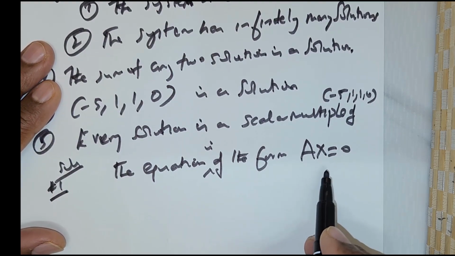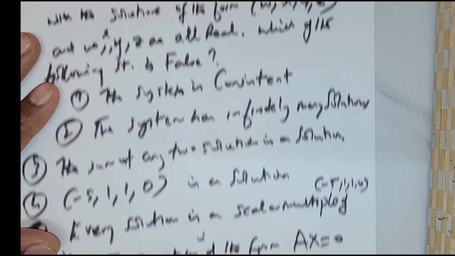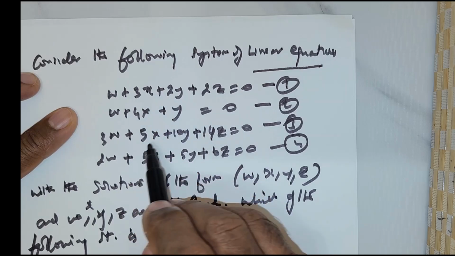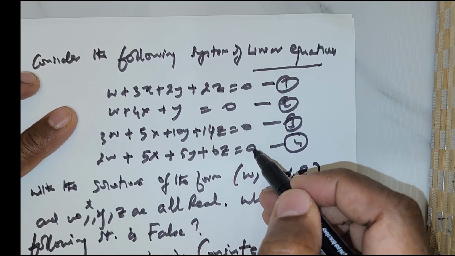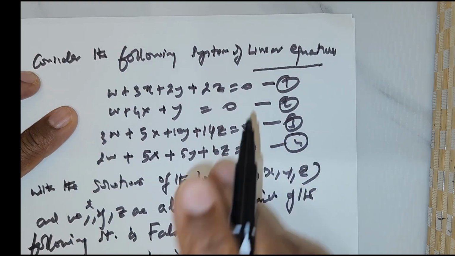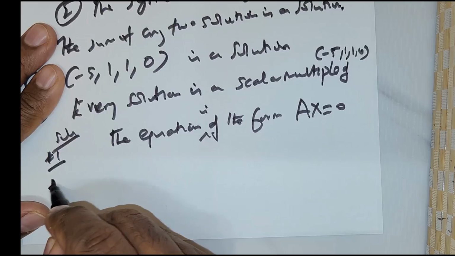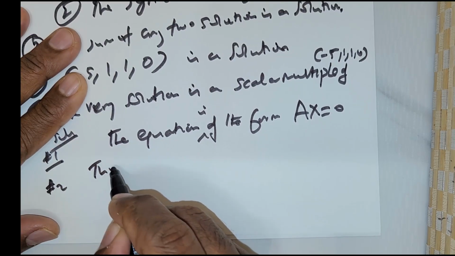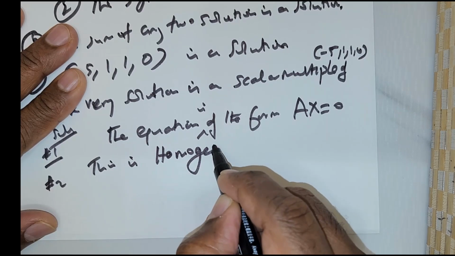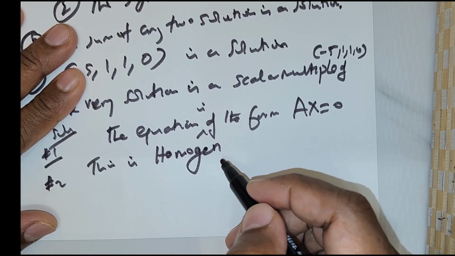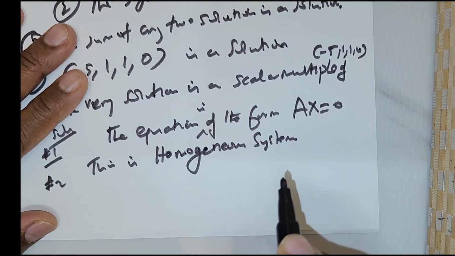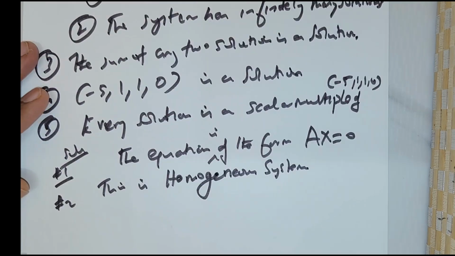Now, what is the meaning of this Ax equal to 0? It means we have the variables on the left hand side, and on the right hand side we only have 0, 0, 0, 0. No other values. So what do you call such a system? This is a homogeneous system. This is the second point.